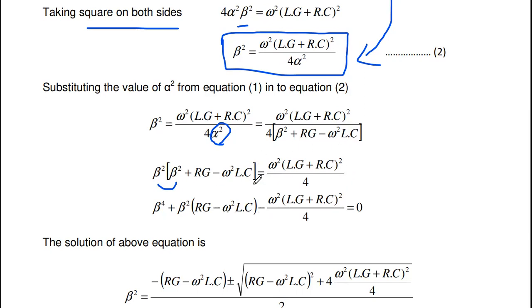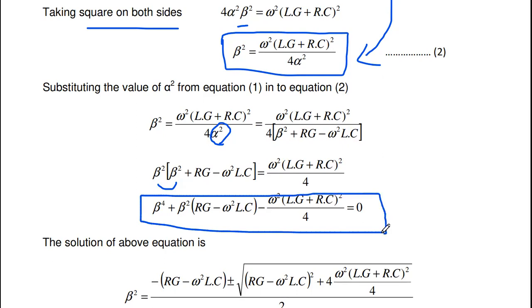Then this term goes to the left side: minus omega squared Lg plus Rc the whole squared divided by 4 equal to 0. You see this is a 4th order equation.